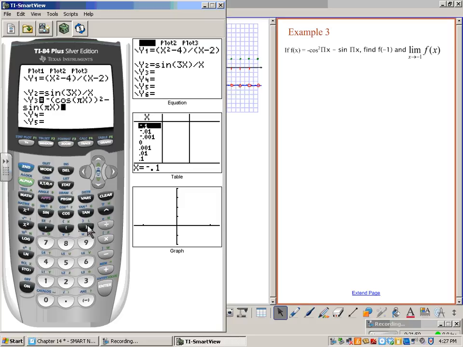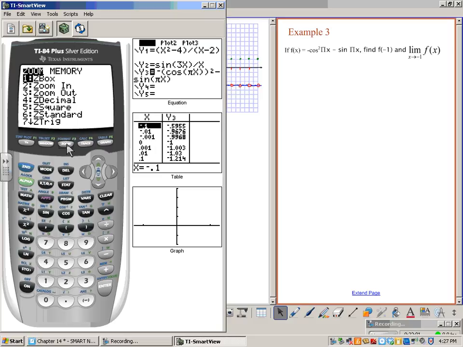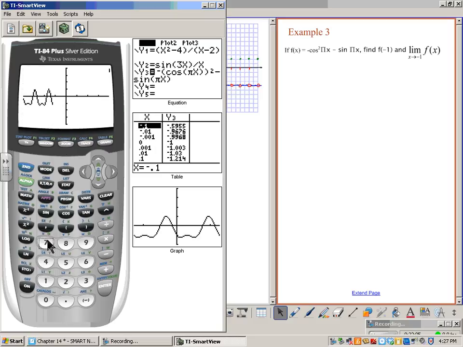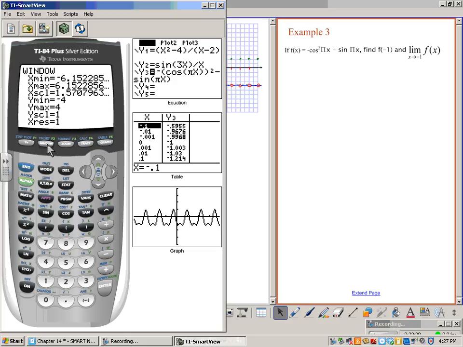Okay, and I think we can do a zoom trig on this one too to get us started. You should see a good graph of this one. Okay, so we have a graph, but definitely probably a little more than what we need. We can cut some off of the top and bottom from the y and definitely off the sides. So let's go ahead and take a look at that.